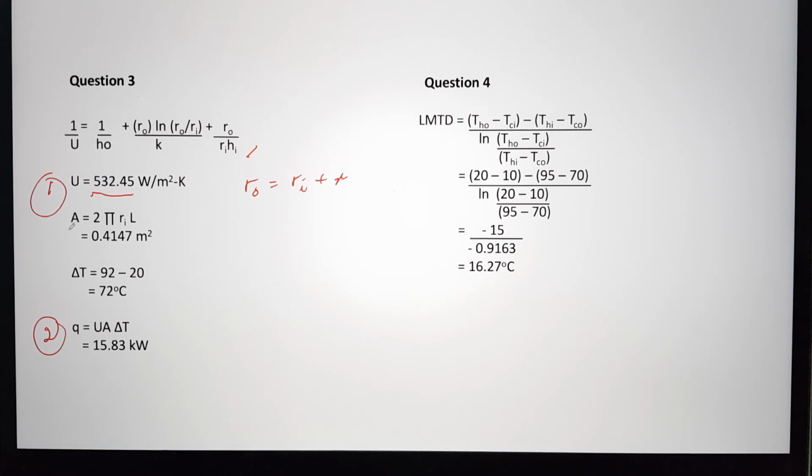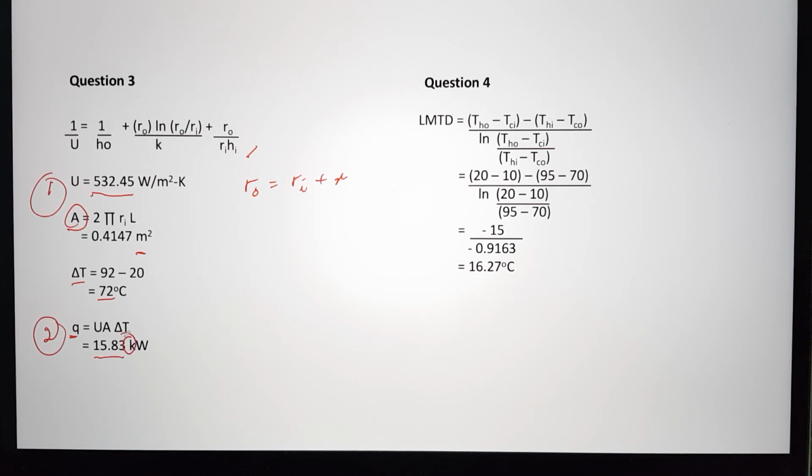Then followed by the calculation for the area, because you need this value of area in order to calculate the rate of heat transfer. Again using the same equation 2 pi RiL, this is equivalent to 0.4147 meter square. Then calculate delta T; the value of delta T is 72 degrees Celsius. Then the final answer for Q is 15.83 kilowatt.